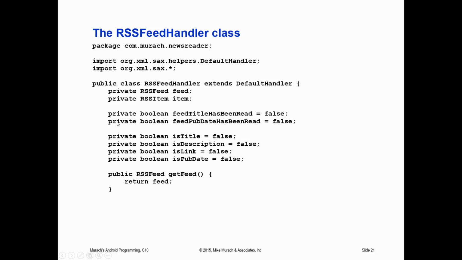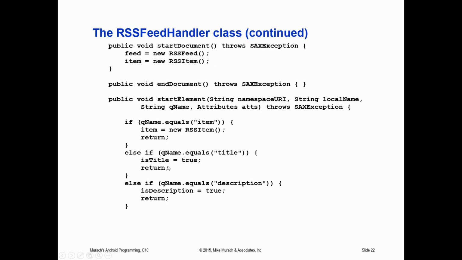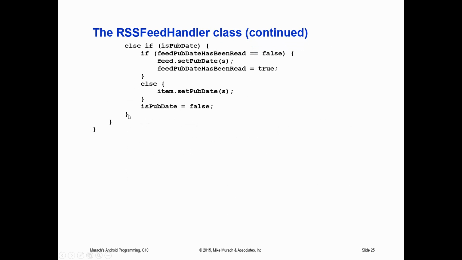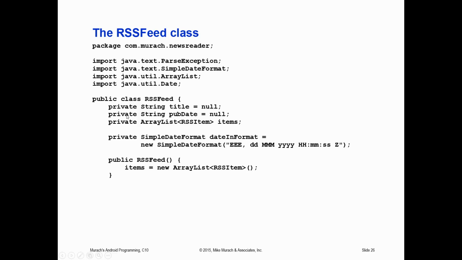Then these next 6 statements define Boolean instance variables. They're all Boolean, so they're all true-false. The class uses these to determine when the various elements of the file are being parsed. And that's what it looks at in here. And again, a lot of code is shown in here, and I'm not going over it.